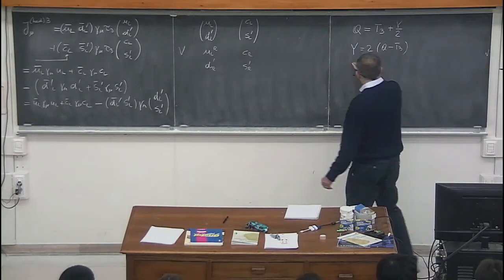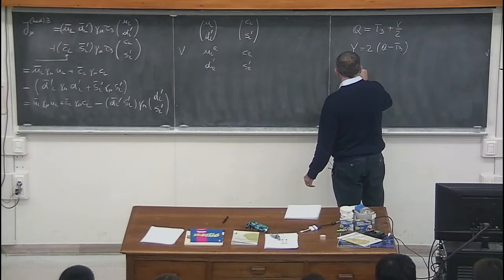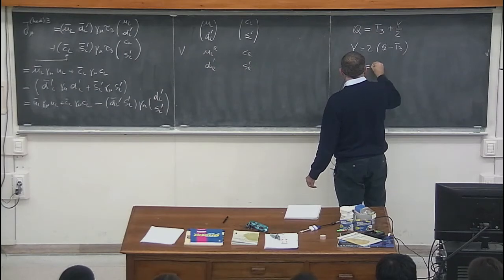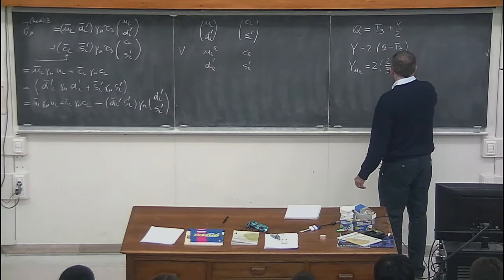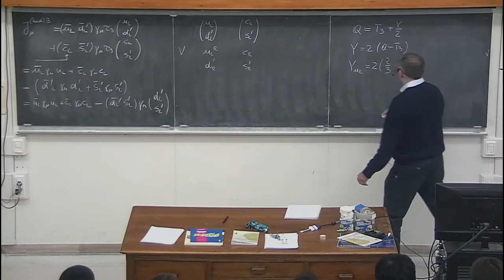The hypercharge of, for example, u_R is twice 2/3 minus 0.